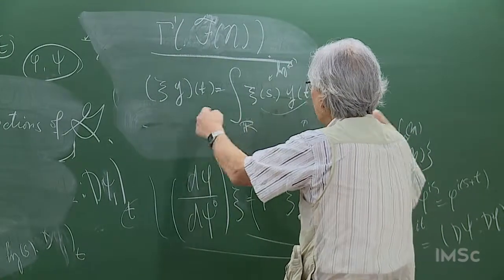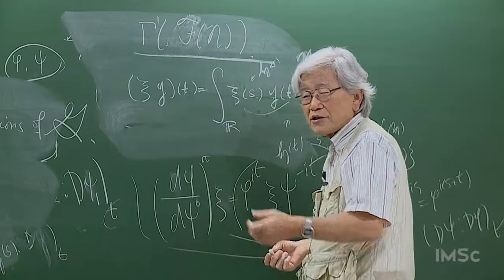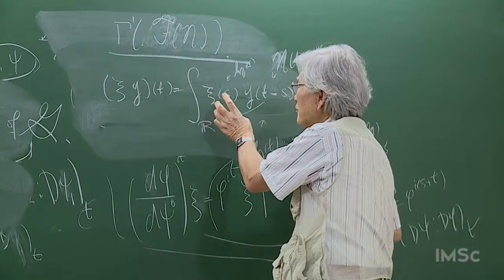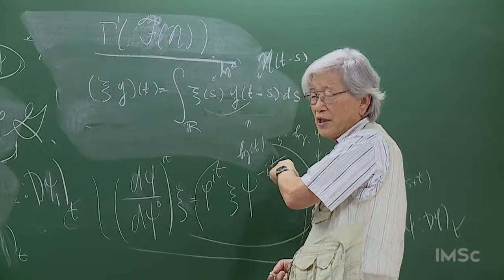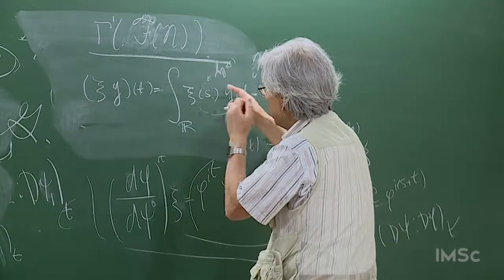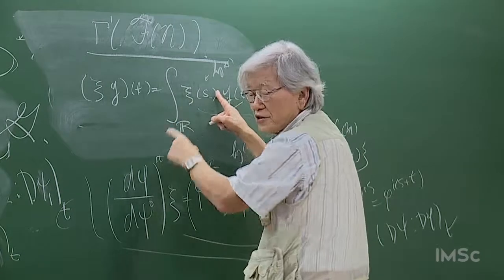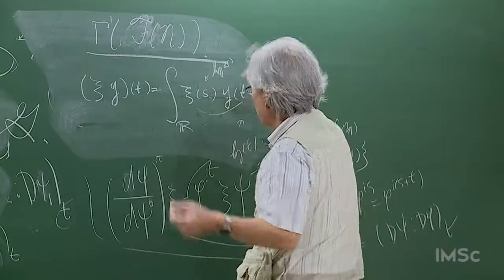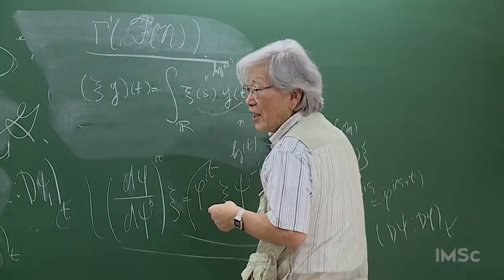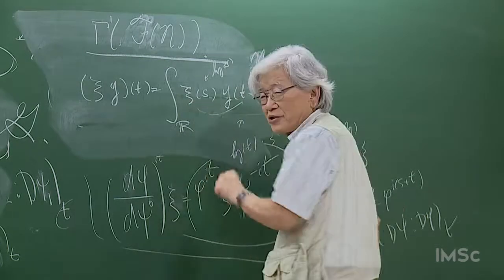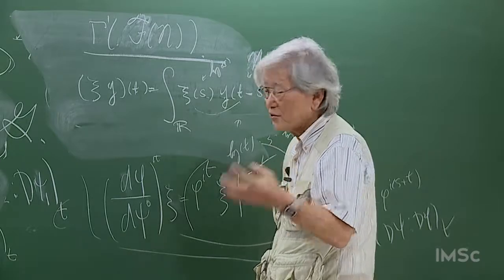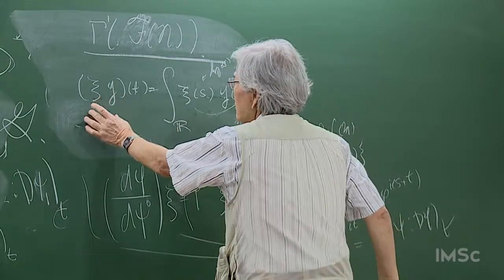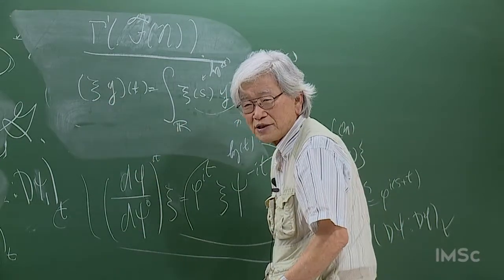So all the summation takes place within H of t. We assume that xi of s is L2 and y is L1. So the normal calculation shows this operation makes sense.